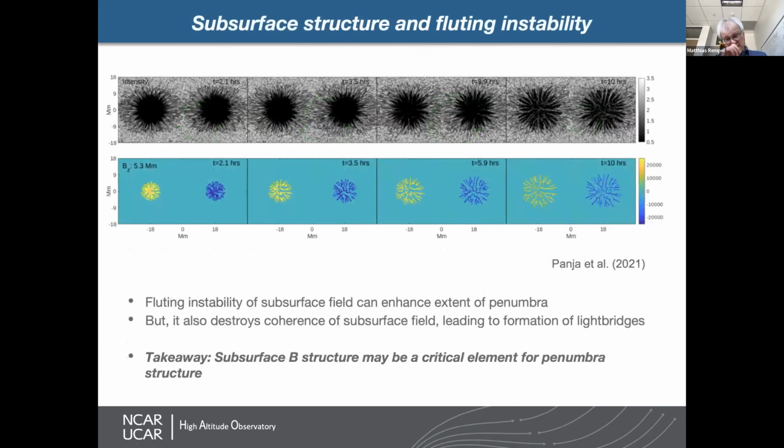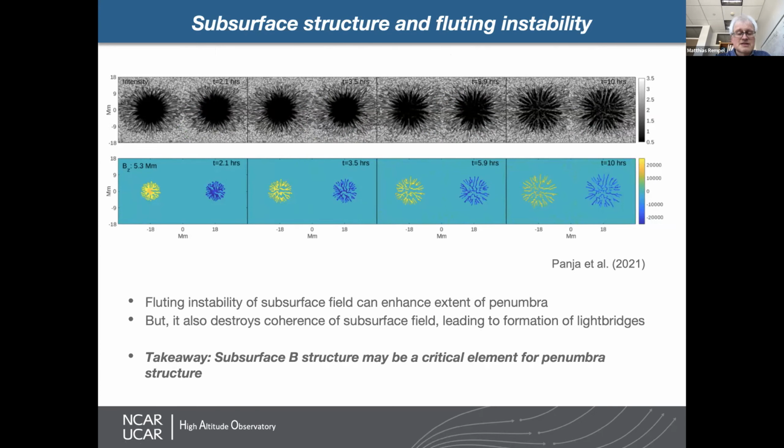So what are the other possibilities? The possibility is the subsurface structure of sunspots, and this is work which was done a few years ago by Mark Rempel, at the Max Planck Institute, working there with Robert Cameron, and they set up sunspots with a subsurface structure which was heavily fluting unstable.